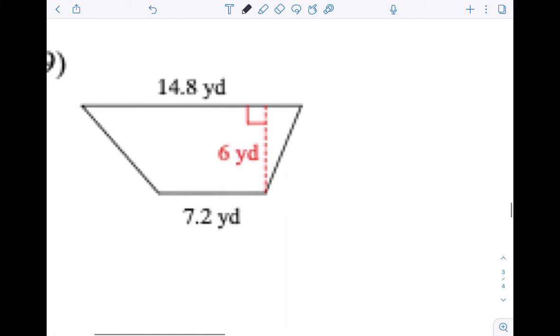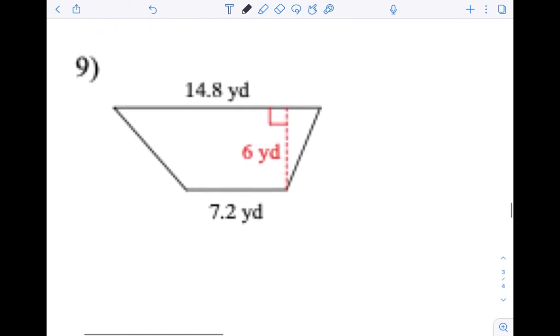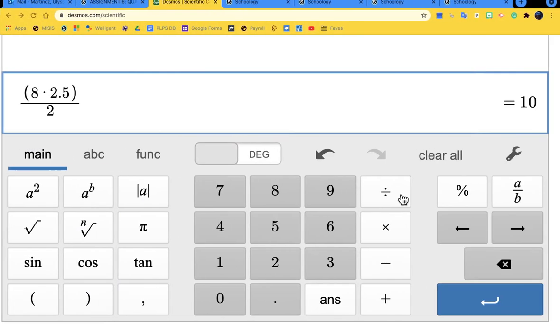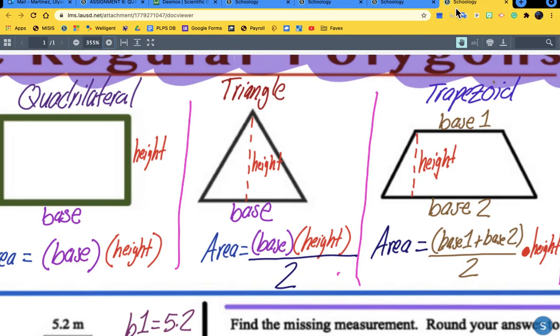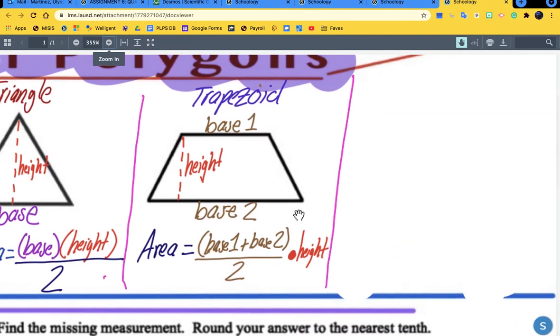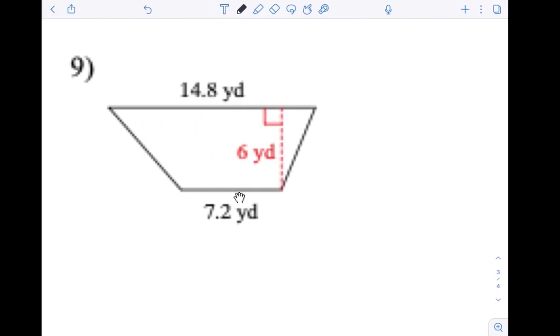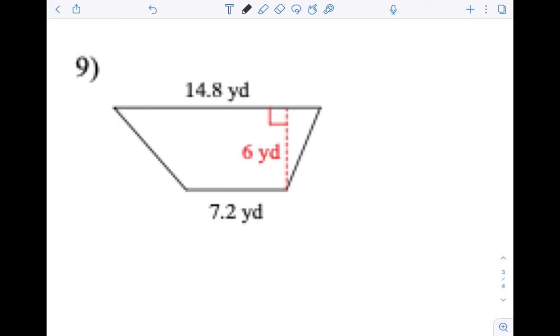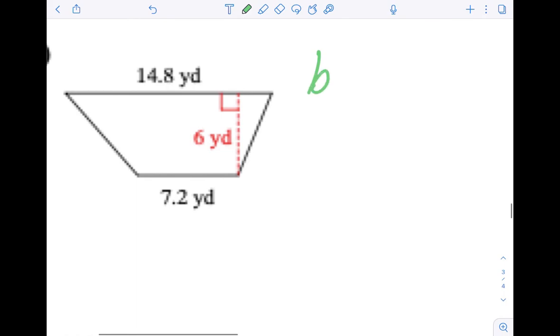Two more problems here. So number 9 says, let's see, that is a trapezoid. Trapezoid, let's see, I need base, I need height, and I need base. Base 1, height, base 2. Okay? Base 1, height, base 2.